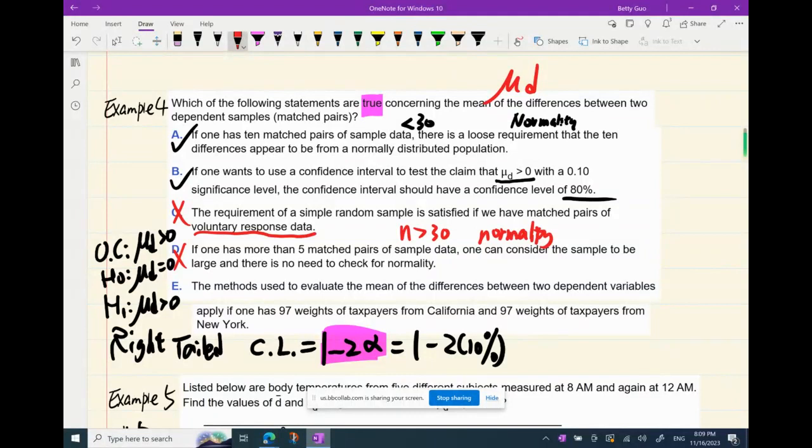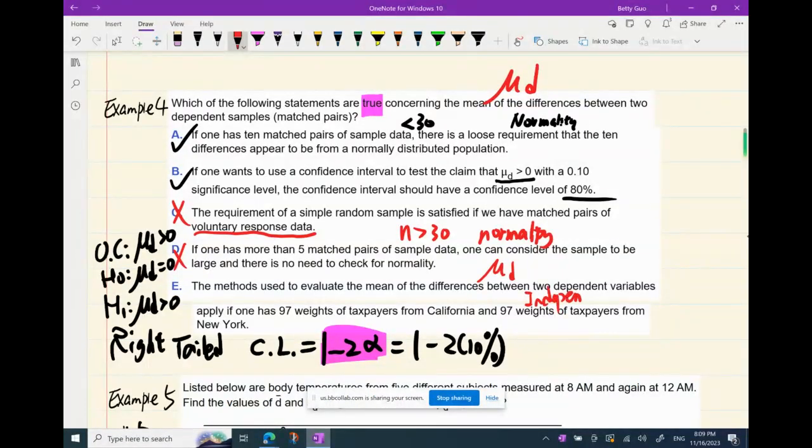E. The methods used to evaluate the mean of the differences between two dependent variables, mu sub D, apply if one has 97 weights of taxpayers from California and 97 weights of taxpayers from New York City. I would say those two samples are independent.